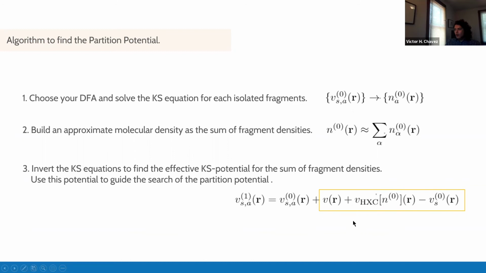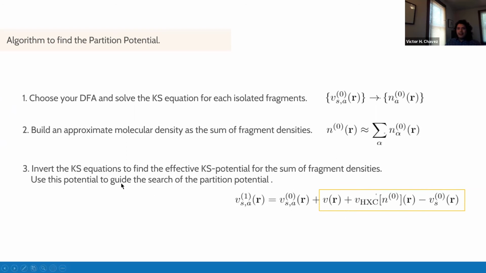And given that I know that the true ground state density belongs to this external potential, I know that the difference of this will help me guide each of these v_P sub alpha to lead to the real density.